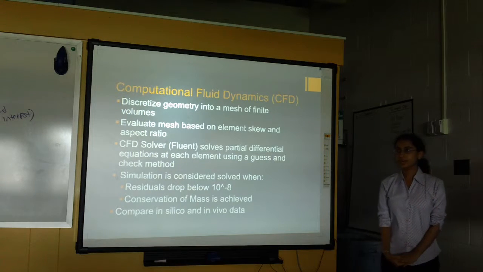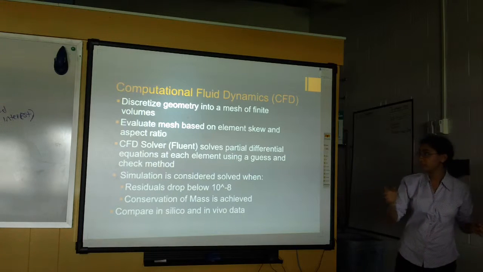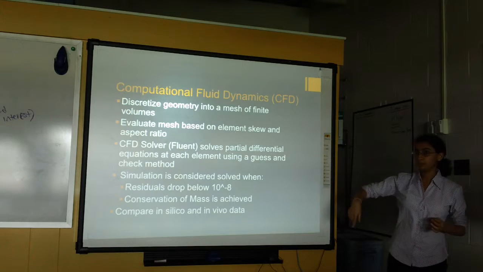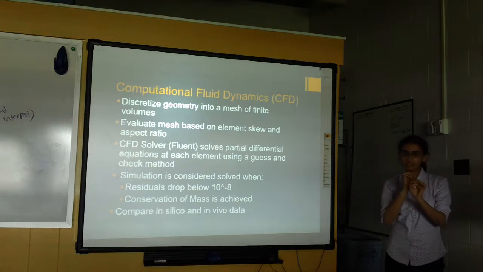So how they do that is they take your geometry, you use a program called ANSYS meshing, and you make a mesh of the thing we just built in the previous slide, and you cut it up into lots of small pieces.